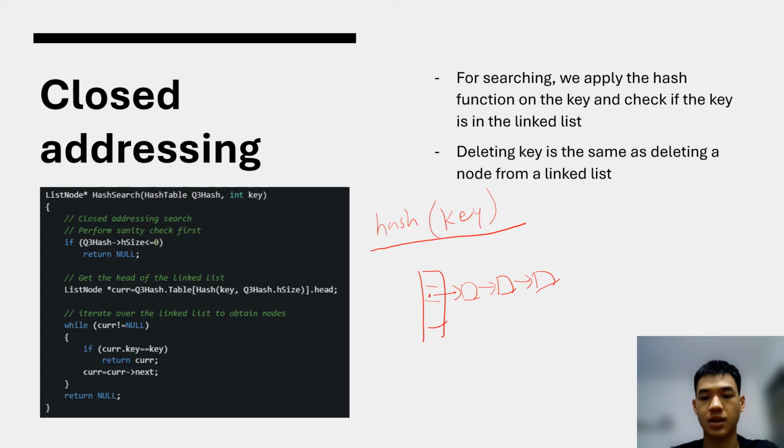So say this is my target that I want to delete. Then what I will do is set the pointer for the previous node to the node after the node to be deleted, and then I remove the pointer for the target, and then I free my target. So that's about it for deletion.